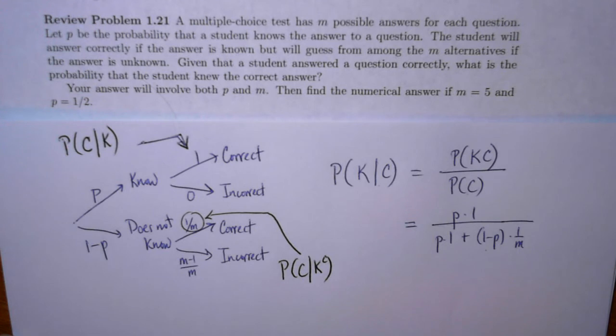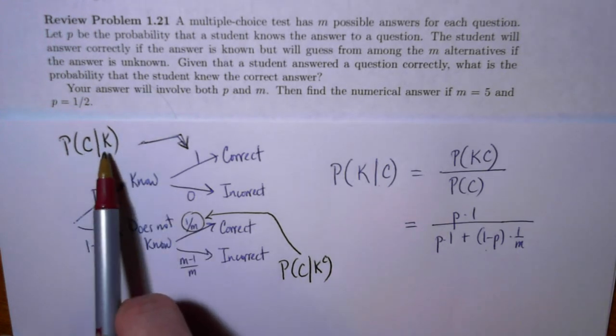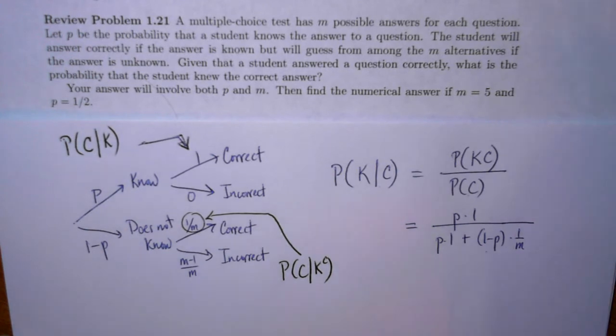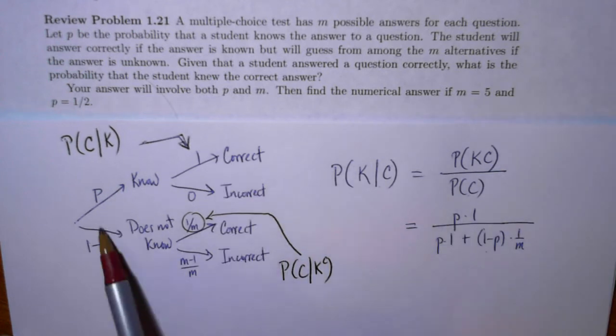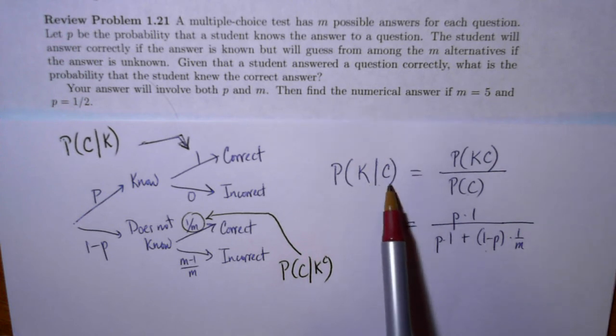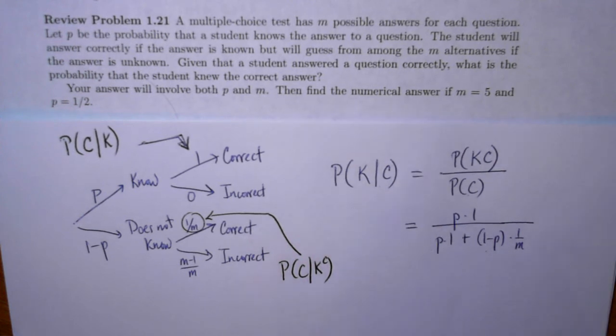That's when Bayes' rule gets used, when reversing the role of which event comes first and which event comes second. There is a big long formula for Bayes' rule. I recommend that you do not try to memorize the formula. I think it's a whole lot easier to draw out a tree diagram and then just simply use the rule for conditional probability. I think that's a lot safer way to do the problem.